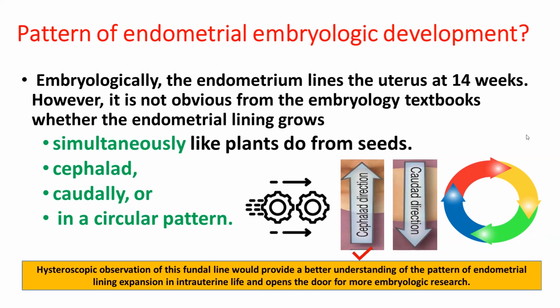Nobody knows. But if we correlate with the fundal delicate defects in the endometrium, this may suggest that the development of the endometrium comes in a cephalic way, starting from the cervix towards the fundus, anteriorly, posteriorly, and laterally, and at the junctional point or meeting point, in some cases, there is defective fusion.